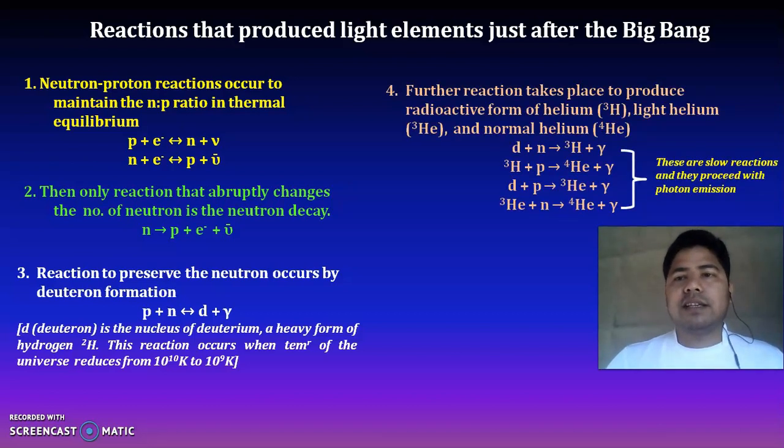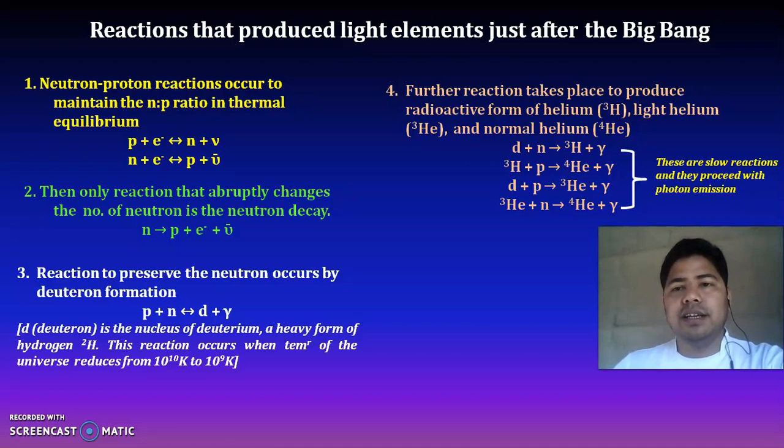Further reactions take place to produce the radioactive form of hydrogen, H3, and the light helium, helium-3, and normal helium, helium-4. The reactions are: deuterium combined with a neutron gives H3 and produces a photon.